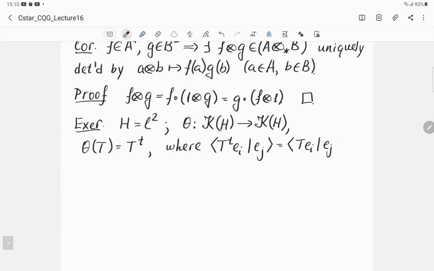Here, e_i is the standard orthonormal basis of little l2 space. So in matrix form, theta is just the transpose operator. It takes each T to T transpose. So prove that theta is bounded.